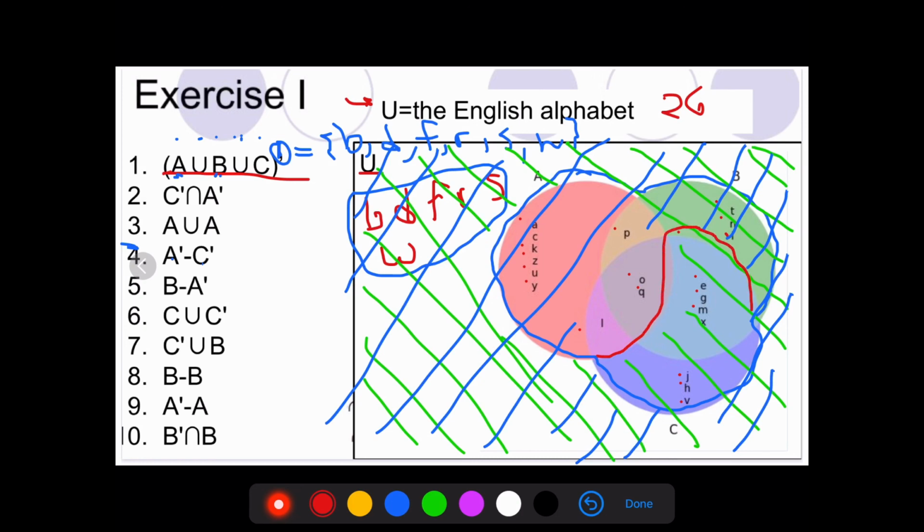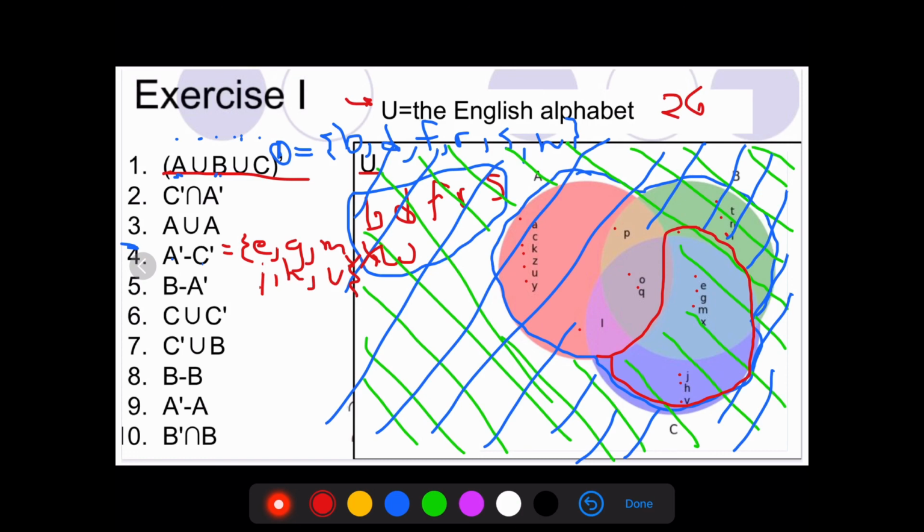This is the green part that is not blue, right over here. So that is E, G, M, X, J, H, and V. Okay.